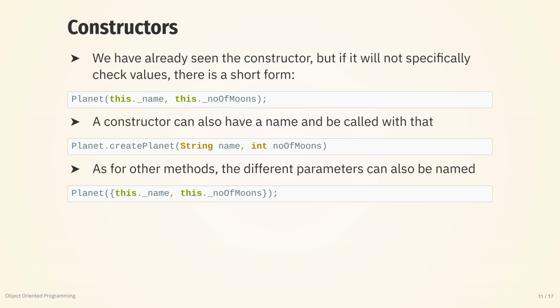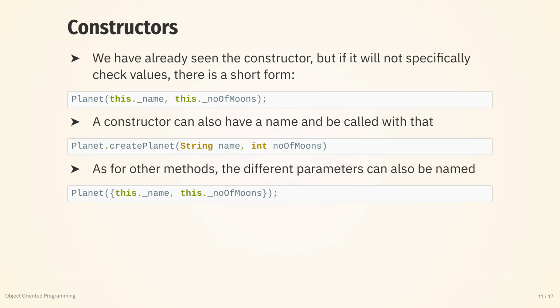And if they then correspond to the values that are available as attributes, they will be set at once. We can also create constructors with a name, like Planet.createPlanet. This is still a constructor, but it is a named constructor, createPlanet, which is useful from time to time. We will see an example later on.